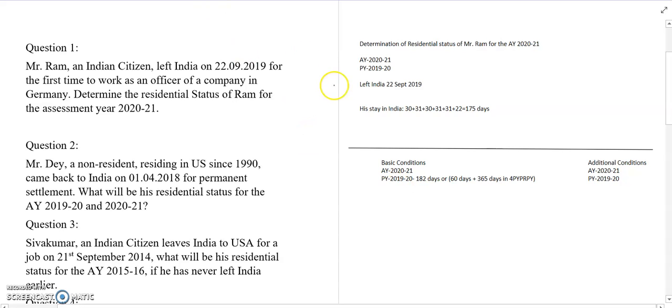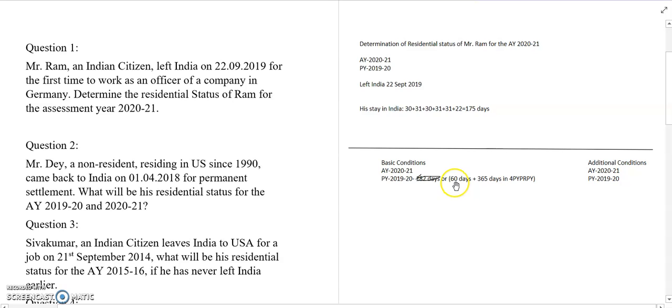So we have to strike the first basic condition out. But no problem, we have another basic condition. We have learned that in order for an individual to become resident, he needs to satisfy any one of the basic conditions. So the first basic condition is not satisfied.